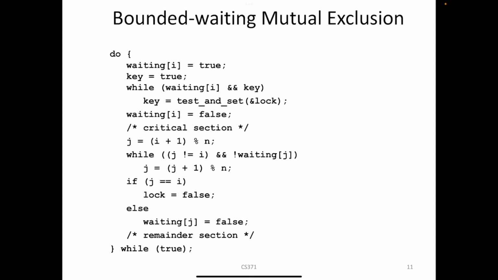We use (i + 1) mod N because we treat all the processes as a circular array, where N is the total number of processes. In this case, N equals 2, so j equals (i + 1) mod N, which equals 1.